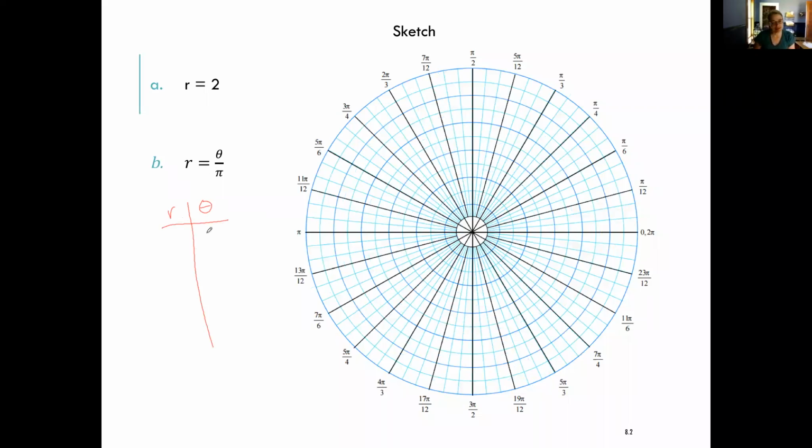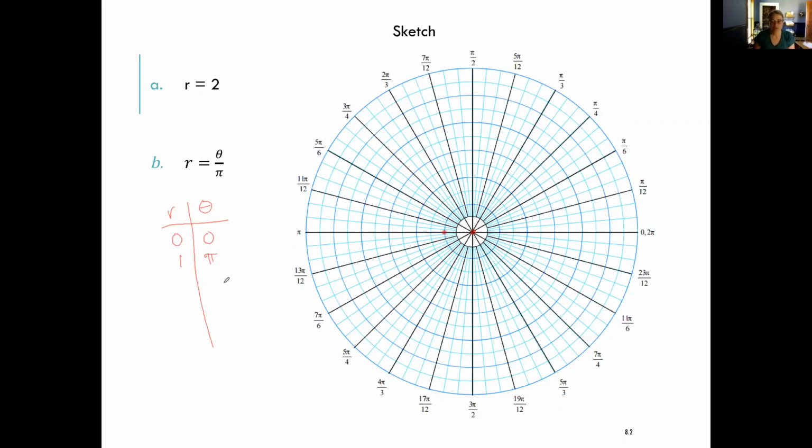Let's pick a theta. If theta is 0, that means r is 0. So we'll have a point here at 0, 0. If theta is pi, that means r is 1. So at pi, I have a point that is 1.